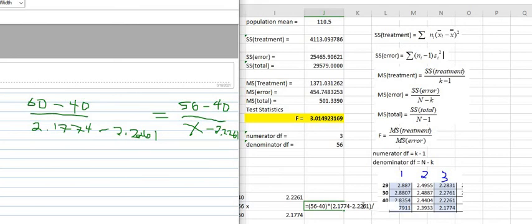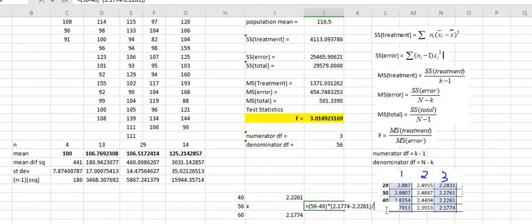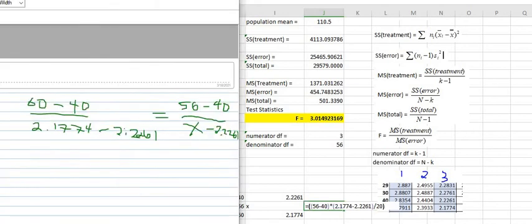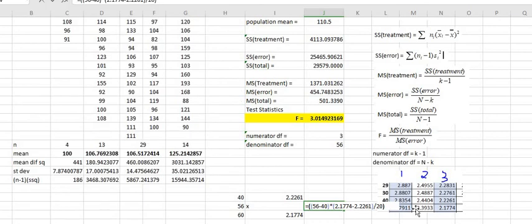Divided by 20, open parenthesis, and then close parenthesis. Okay, and then this one multiply dito plus 2.2261, plus 2.2261.